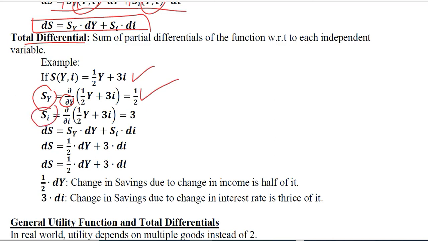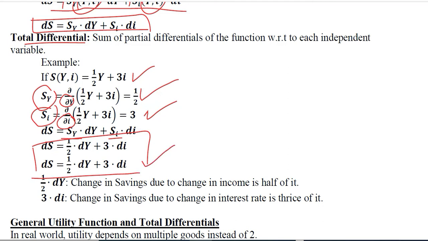Si can also be found with respect to I, and it is equal to 3. So, I have Sy and I have Si, and both of them can be substituted. I have done it here, and the remaining values are there.